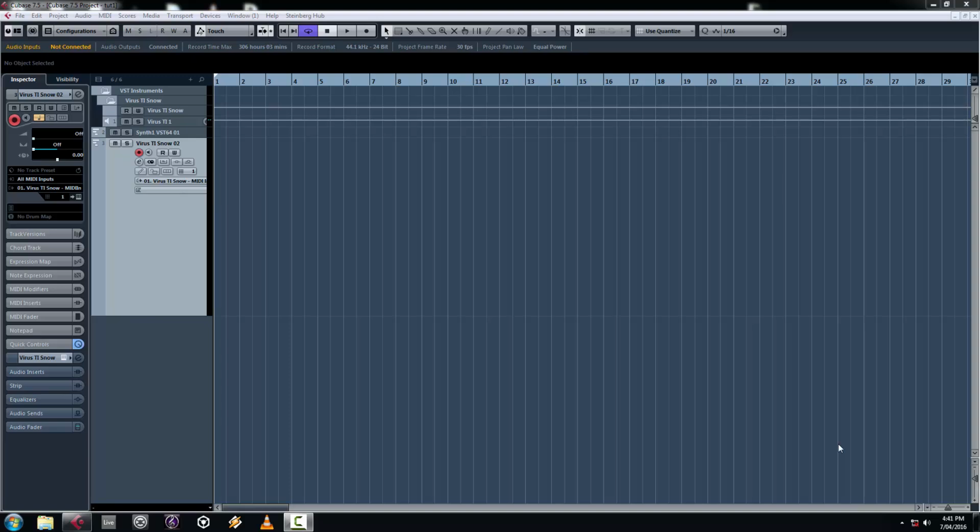Although with a kick or a snare, they do quite often have a fundamental down the bottom, and you can quite easily tune those. But mostly cymbals and that sort of thing don't really have a distinct tonal center.